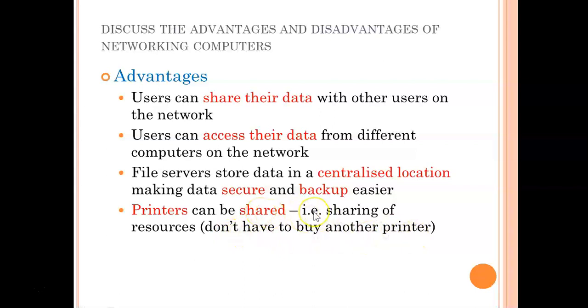If you have one printer connected to one computer in a network, other computers in that network can use that printer to print. And the last one is that internet connection can be shared as well. You just plug your internet cable into the hub or switch of your network, and all computers connected to that hub or switch will get an internet connection.